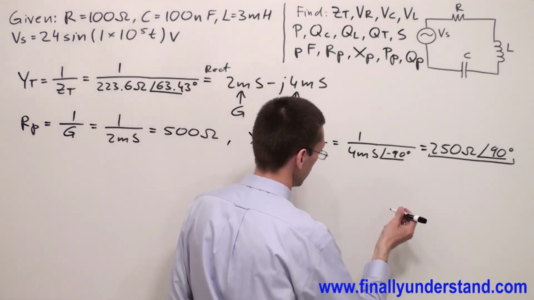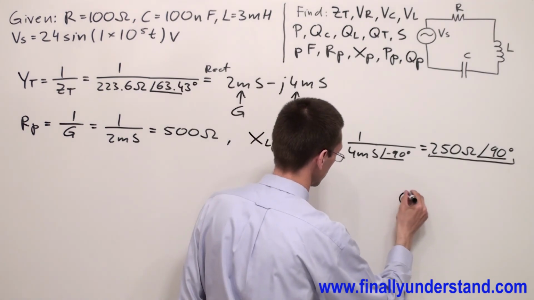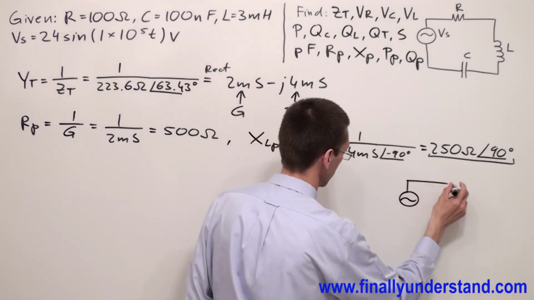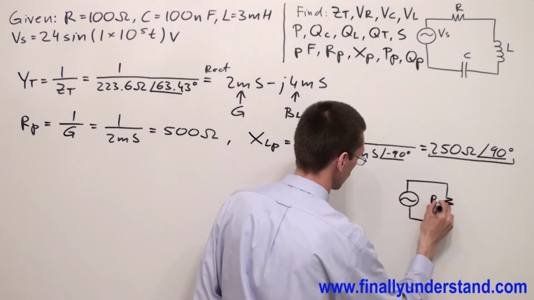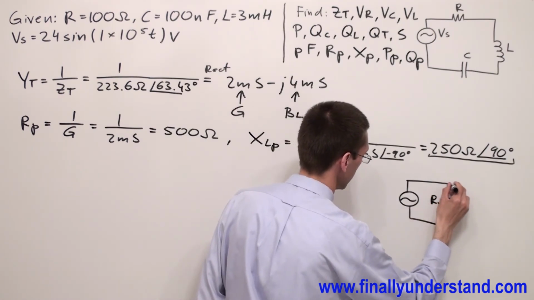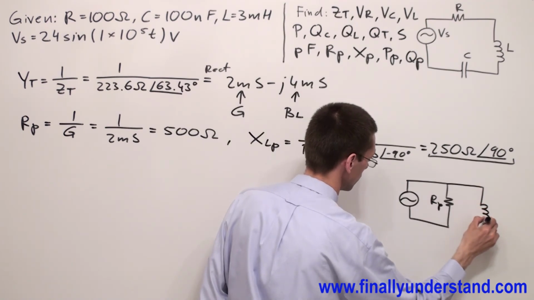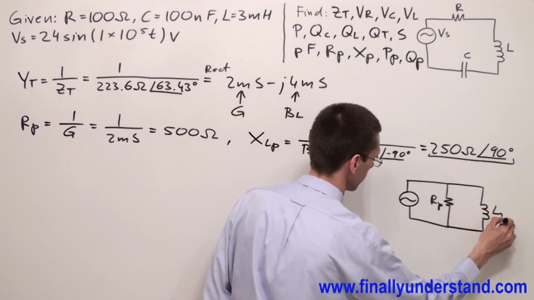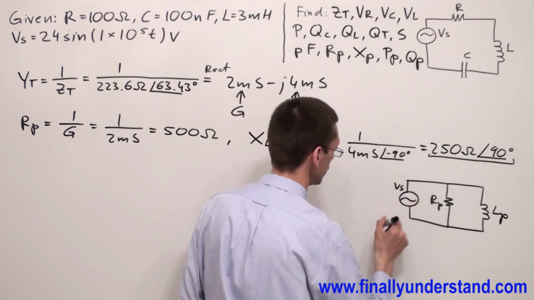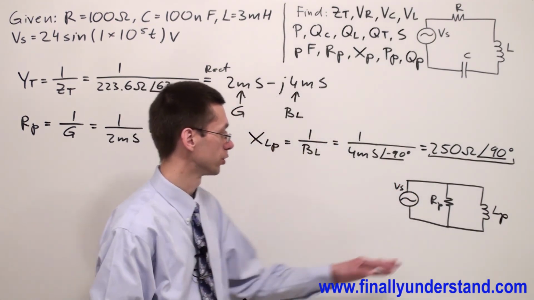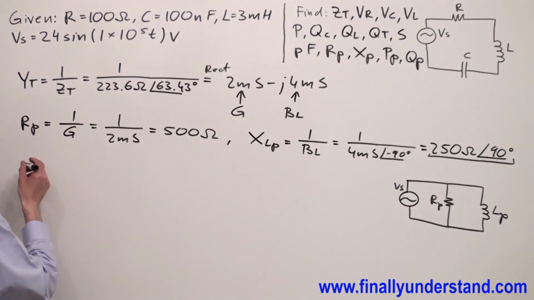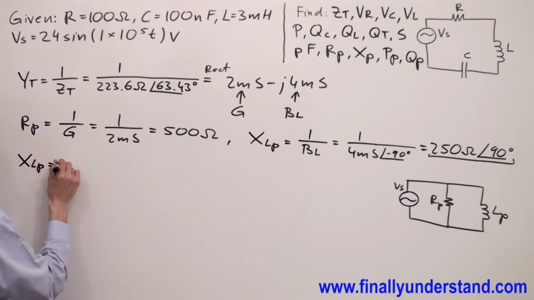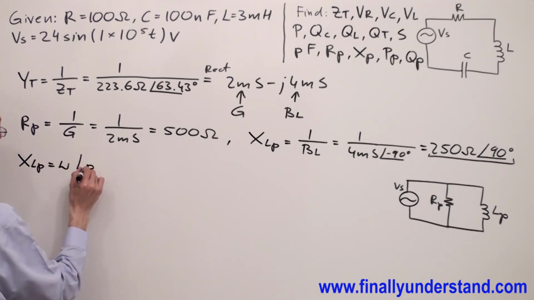Now we can draw the circuit, and so far we have RP, and we have inductor LP, and this is the voltage source. We didn't find LP, so we can do this right now. In order to find LP, I'm supposed to use the formula for the inductive reactance. XLP is equal to omega LP.